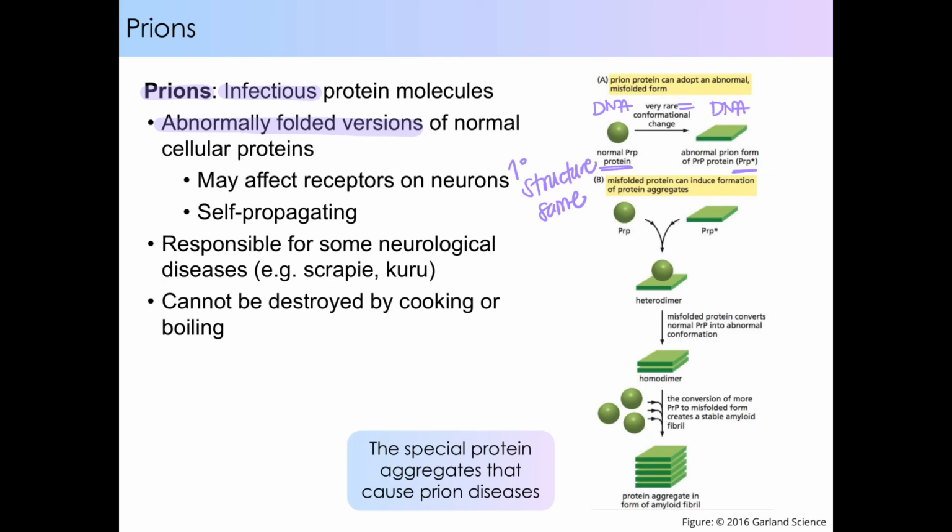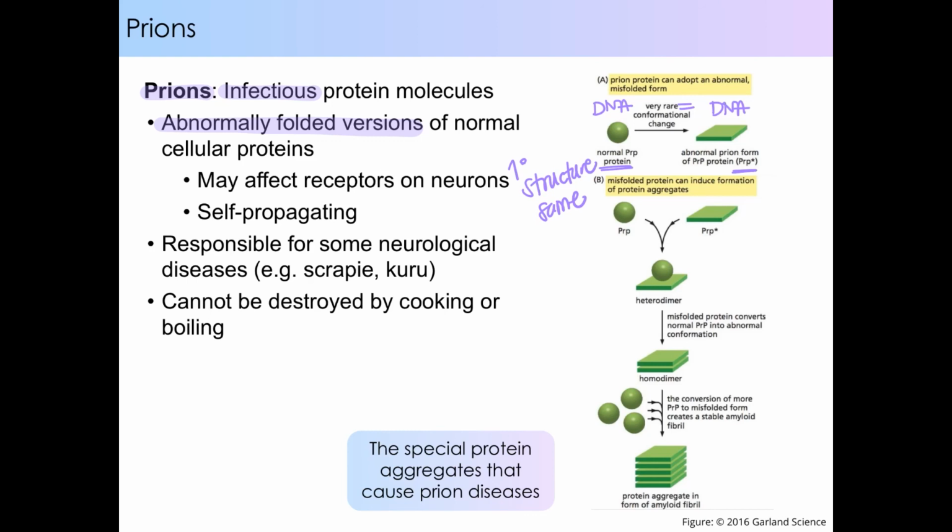Now, someone can become infected with a prion by consuming a tissue that has the prion. And there is a set of closely related diseases like mad cow disease, scrapie in sheep, and kuru in humans that are caused by prions. And there is also a hereditary form that's known as CJD or Creutzfeldt-Jakob disease.